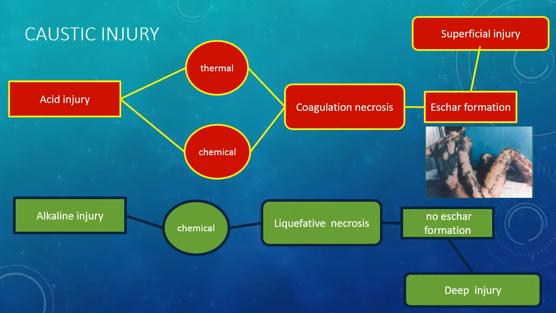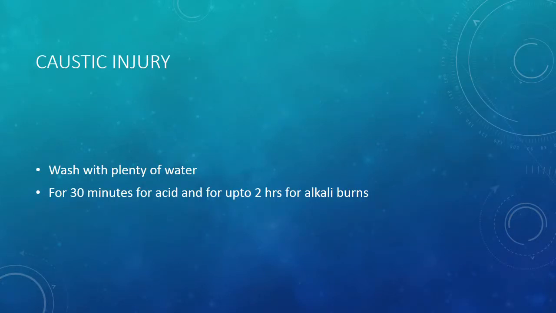So at the end of the day, even though acid injuries appear to be very tough, like vitriol attacks, putting acid on the face appears to be very bad, alkaline injuries are the injuries which cause deeper injuries and deeper tissue destruction.